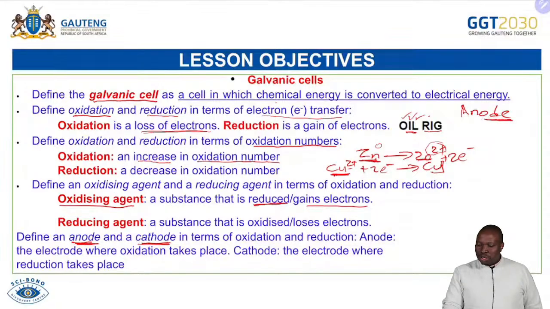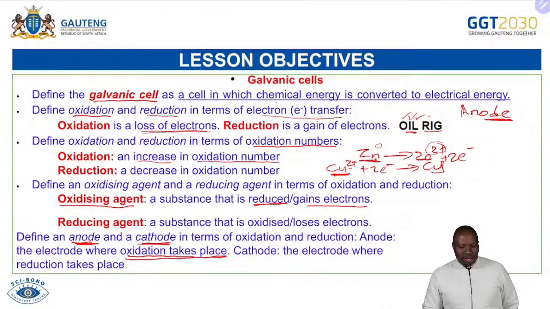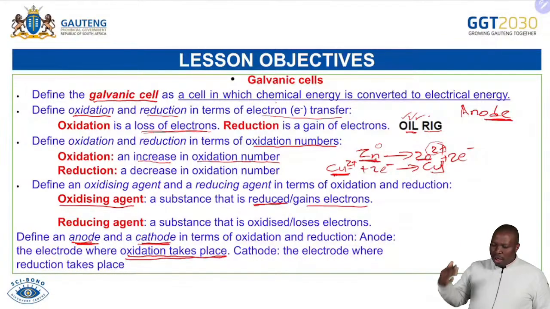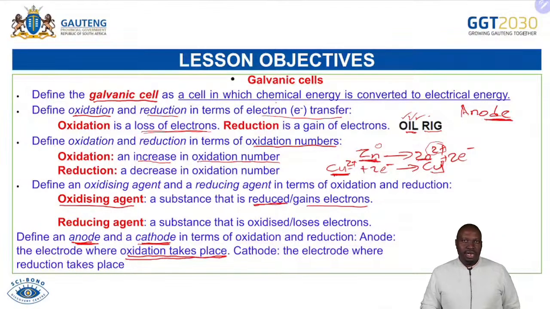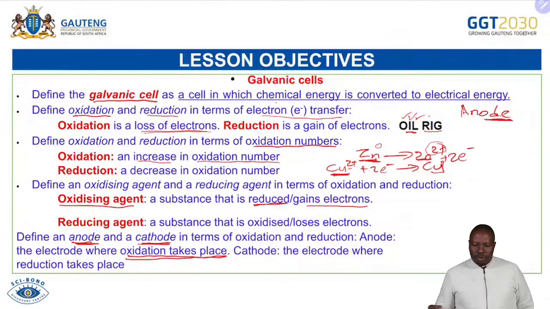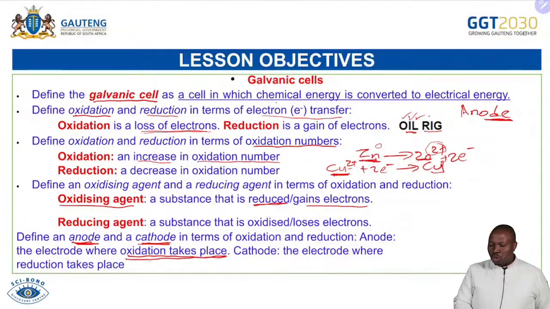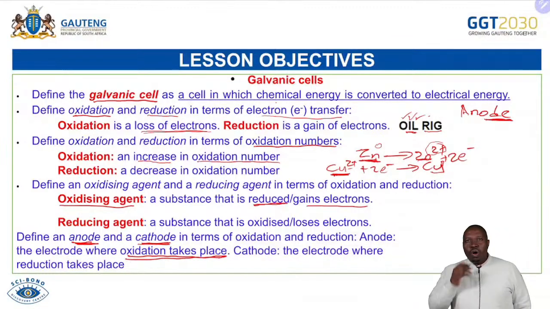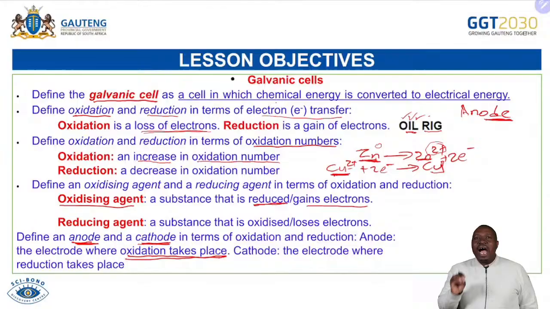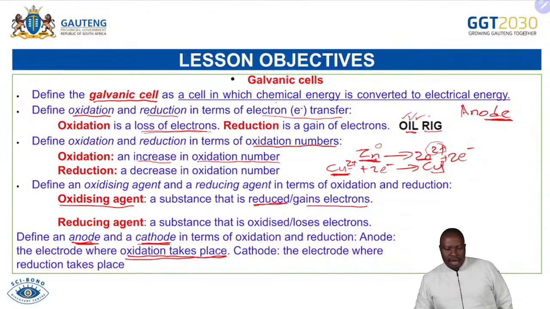So the anode is the electrode where oxidation takes place. It's just a matter of English. You can say it is the electrode where oxidation occurs. You are still saying the same thing. The electrode where oxidation takes place, that is what we refer to as the anode. It's not saying the anode undergoes oxidation.